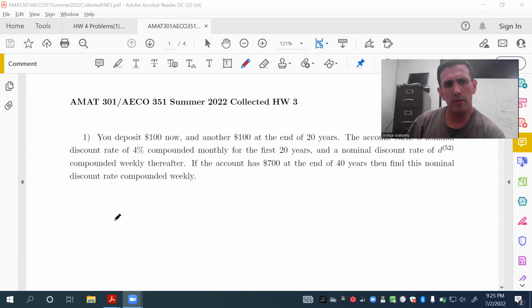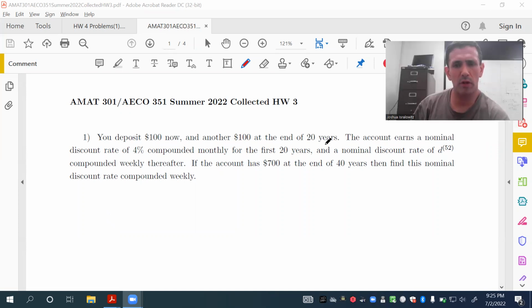Okay, so really there's, I guess, two ways to do this. You can find how much is in the account after 20 years and then work from there. I'm not sure that's the best way to do it. It's a fine way, but you really need to get used to not thinking that way when we do annuities.